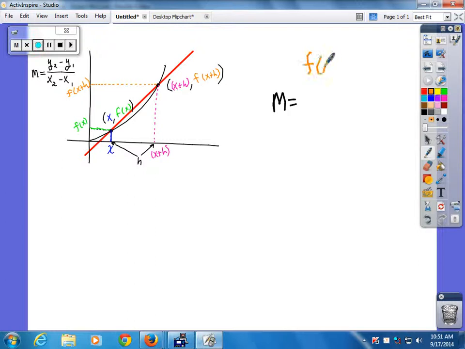F of x plus h minus what? F of x, which is the green, over, well, don't, you're taking away my thunder. What is this? X plus h minus what? Okay, now simplify.